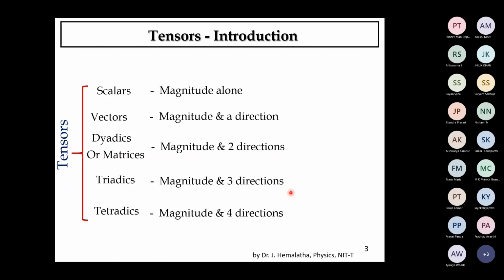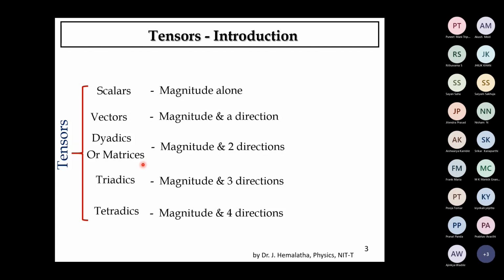Now let's come to the rank of a tensor. Ma'am, what did you say about the matrices? Your voice fluctuated due to network, could not hear that. Okay, not all matrices are tensors.